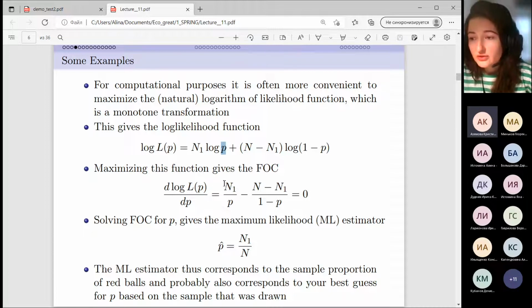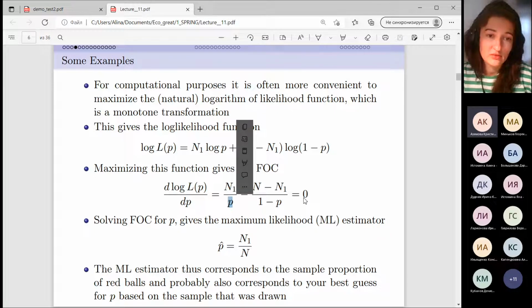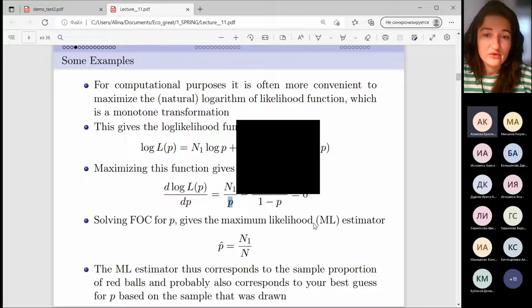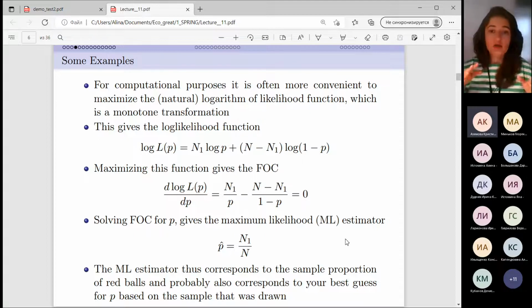What you need to do is differentiate the log likelihood function with respect to the unknown parameter. In this example, this is p, and equate the resulting derivative to 0, and that's all. So when you solve the first order condition, the solution gives the maximum likelihood estimate.